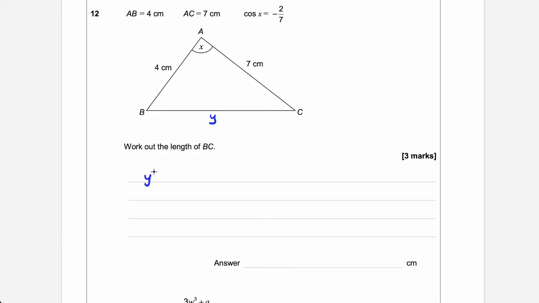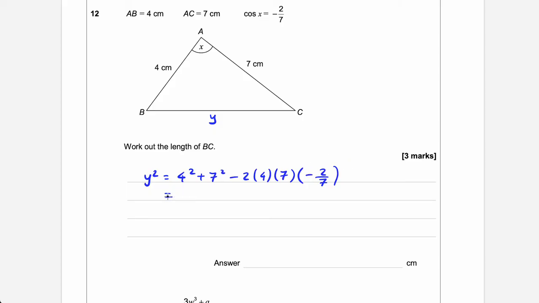So y squared equals 4 squared plus 7 squared, that's this squared plus this squared, minus 2 times 4 times 7 times cos of x, and cos of x is minus 2/7. So this times minus 2/7.